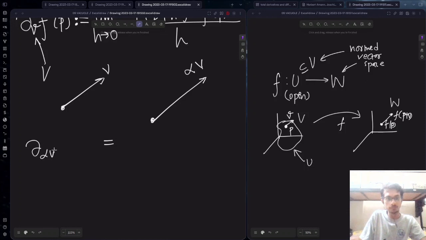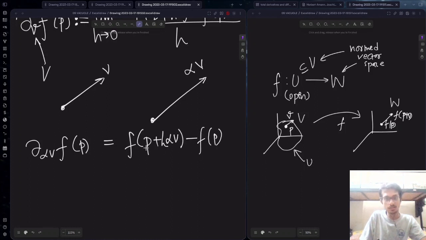Alpha v at the point P will be the limit as h tends to 0 of f of P plus alpha v times h minus f of p, divided by h.